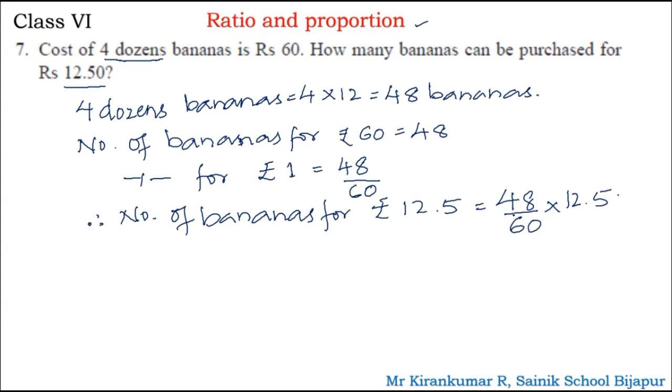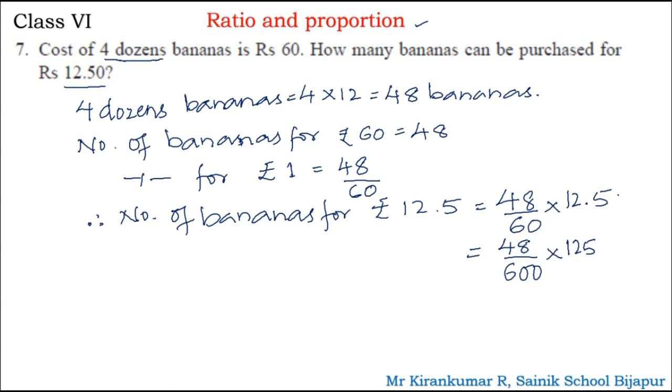These two quantities are in rupees. So we get it as 48 divided by 600 into 125. This decimal I have removed.